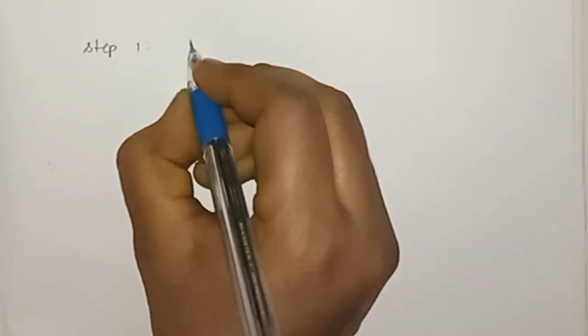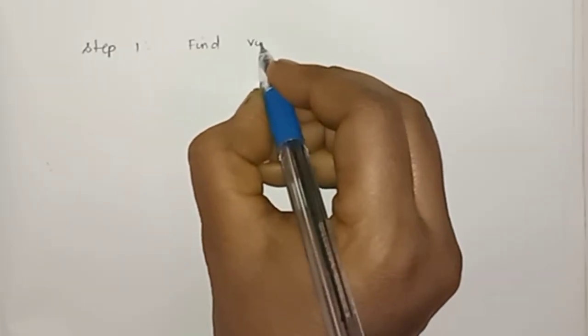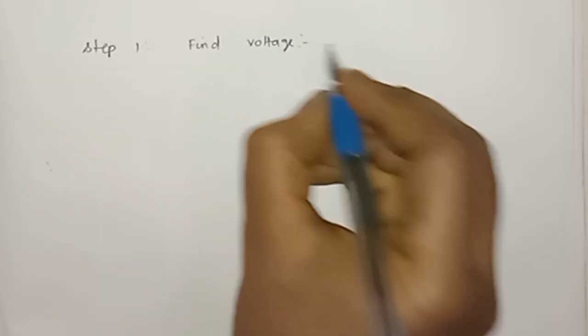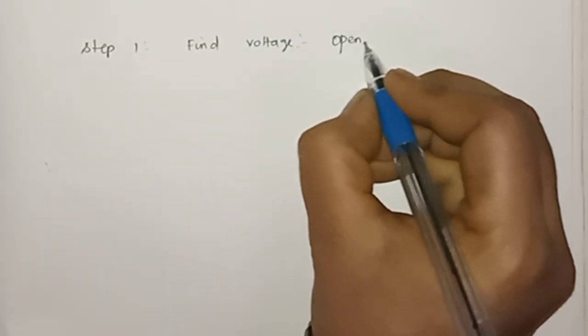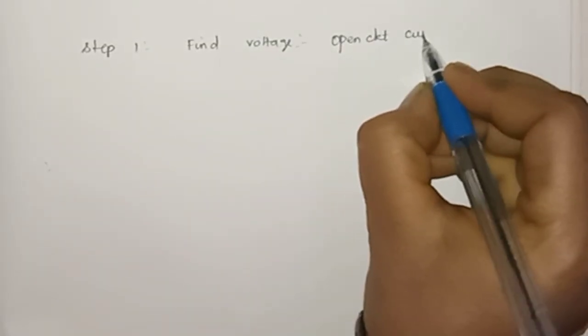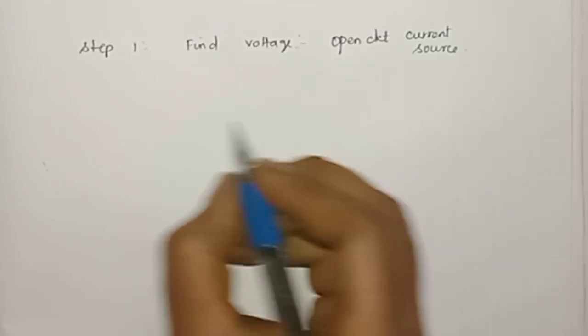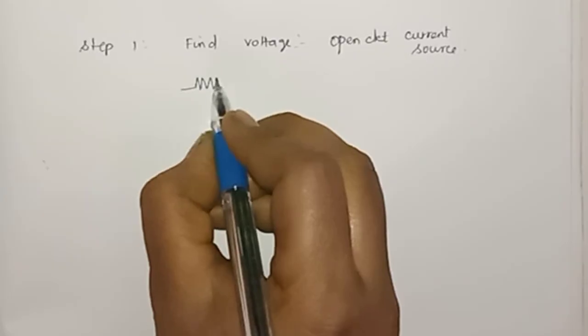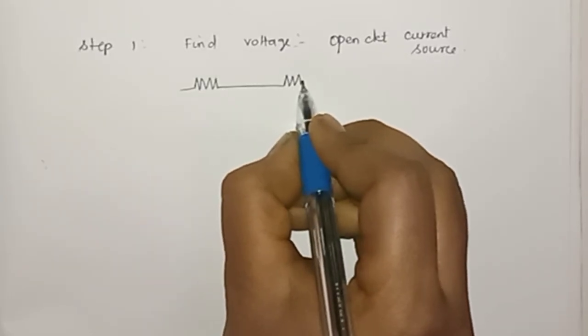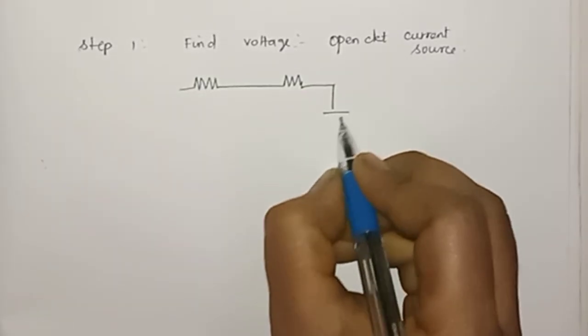For this, step 1: to find the voltage, we have to open circuit the current source. So redraw the circuit like this.